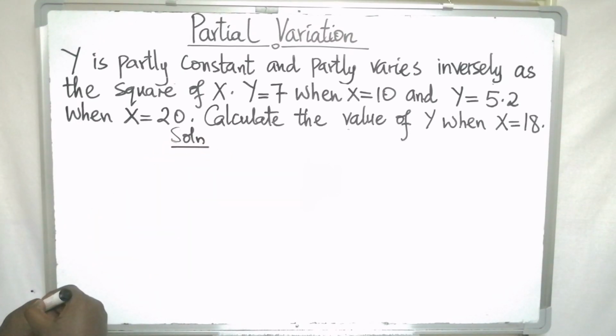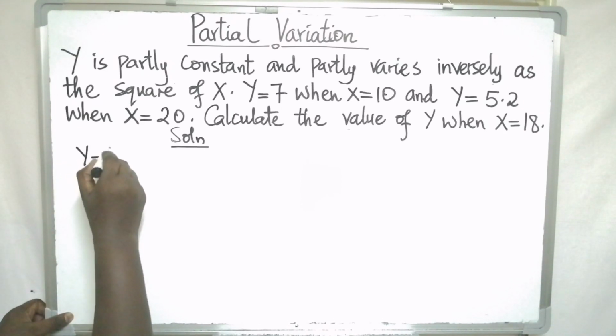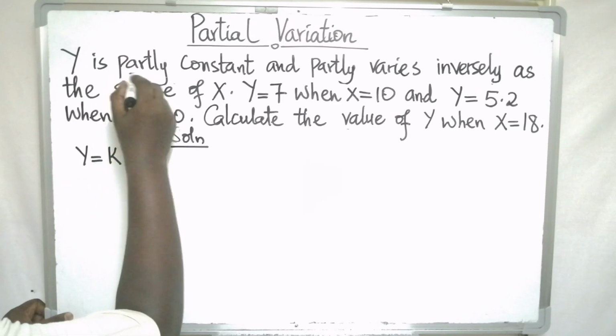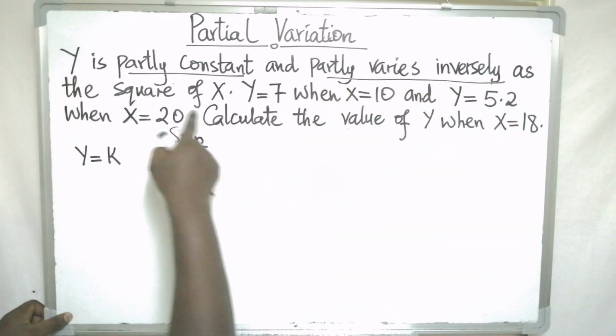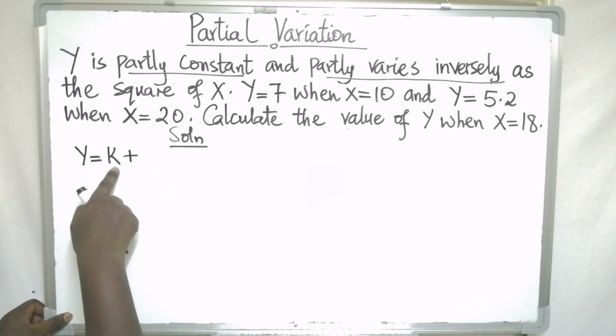Alright, first we write the equation connecting the variables y and x. So y is equal to the first constant. We're told that y is partly constant and partly varies inversely as the square of x, so it has two parts. The first part is a constant.